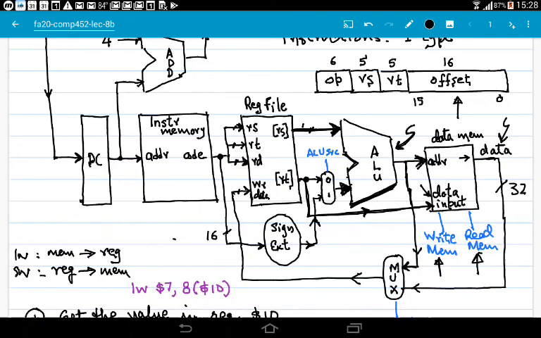For example, the second input of ALU, or lower input of ALU, can come from either register RT or from the sign extender output. So this completes our discussion of data path for R type, load word and store word instructions. In the next part we will cover the branch if equal instruction.